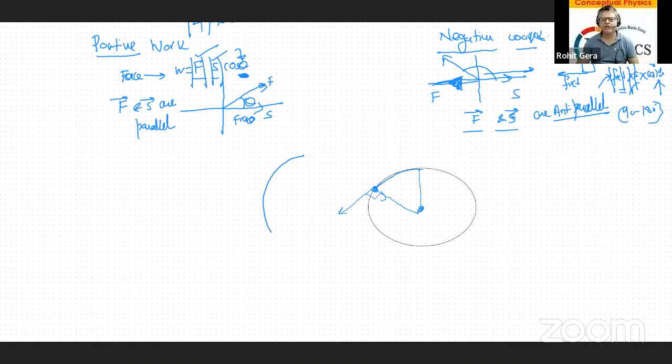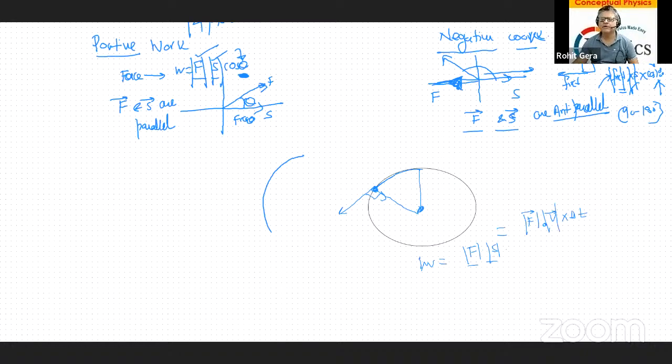So if you write, for example, work done is generally written as F dot S, right? In this, I can write it as F into V into delta T, and say I'm writing magnitude. S is V into delta T, right?